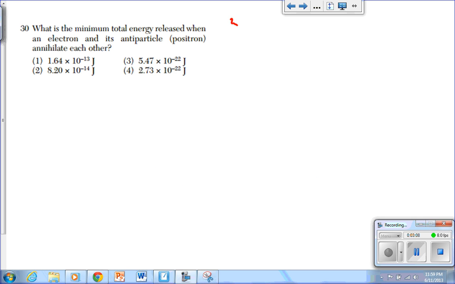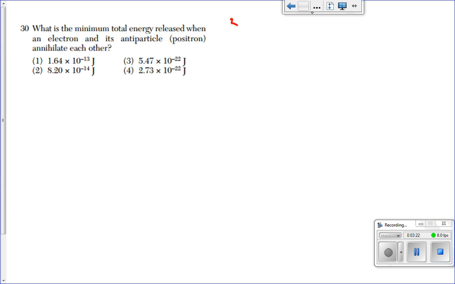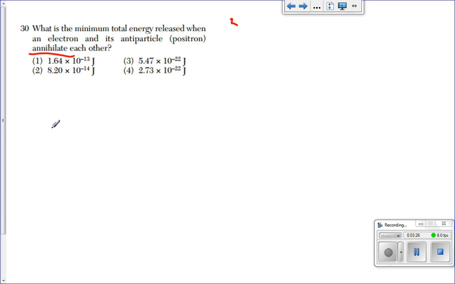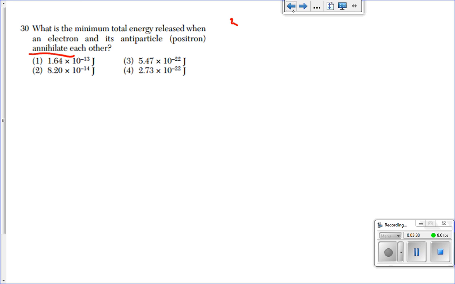Number 30, this is asking to find energy when you have an electron and an electron antiparticle called a positron annihilating each other. Right? When you have annihilation, annihilation is a mass energy conversion. So if we need to do mass energy conversions, we need to bust out our mass energy conversion formula.